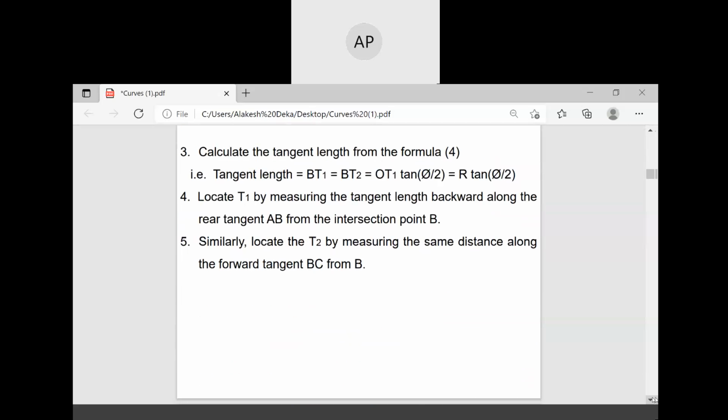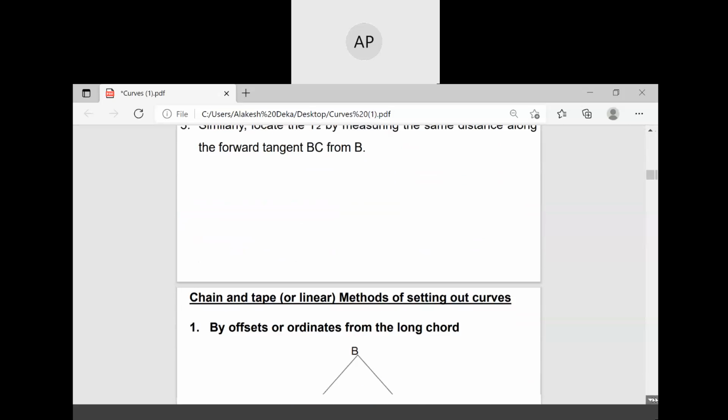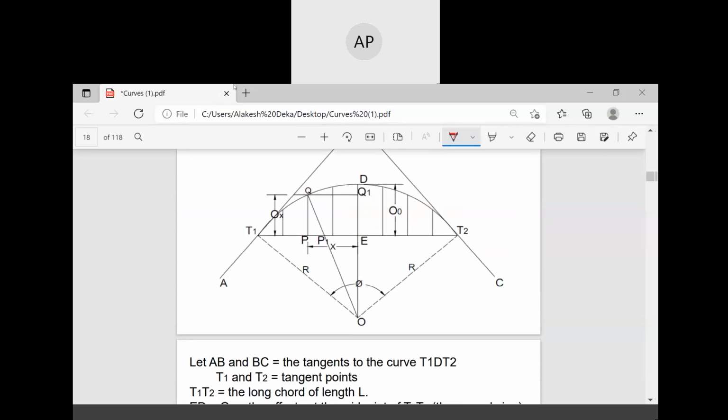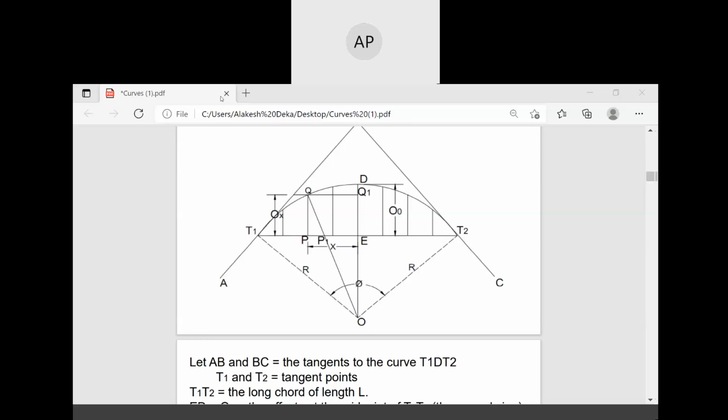Calculate the tangent length from the formula. So here the formulas are not given properly. Let me check another. I have shared another set of notes on curves, isn't it? So let's move to that.